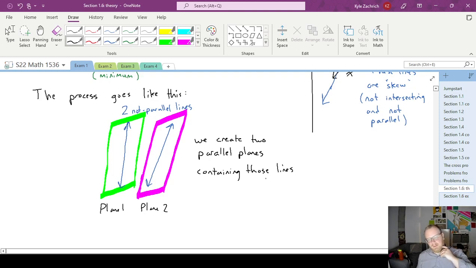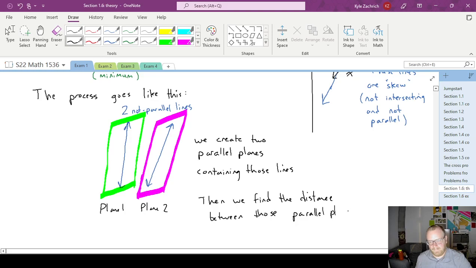And then we find the distance between those two parallel planes. So we saw the formula for this one, right, already.